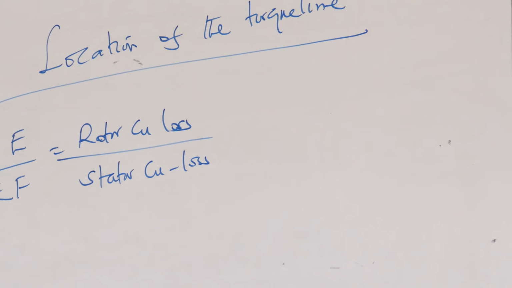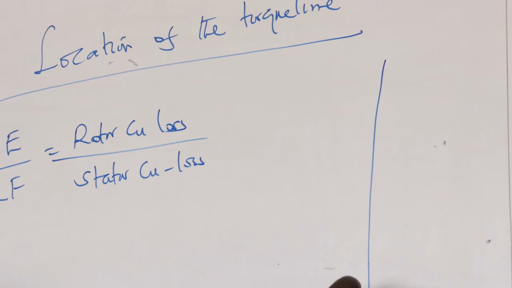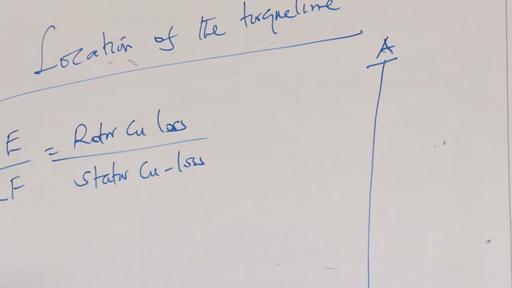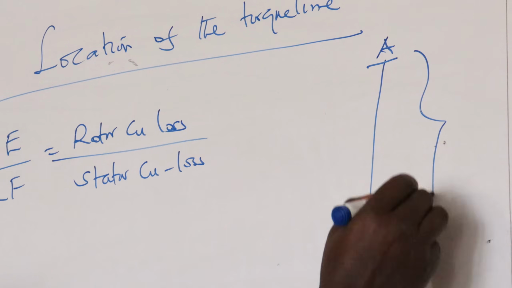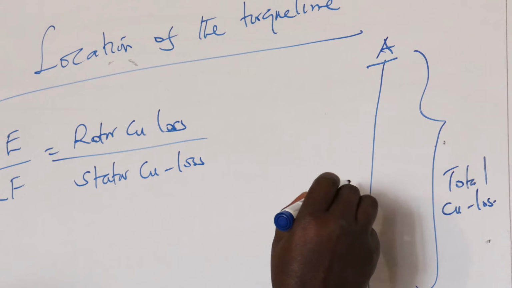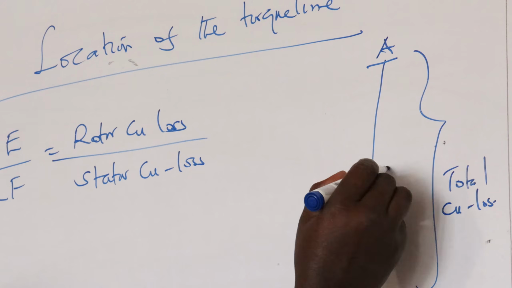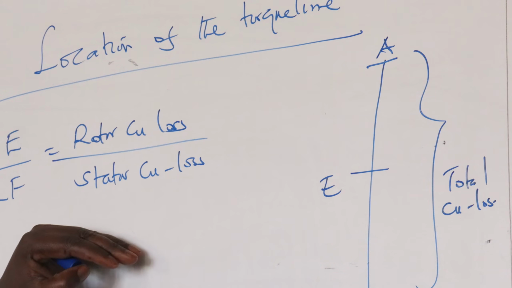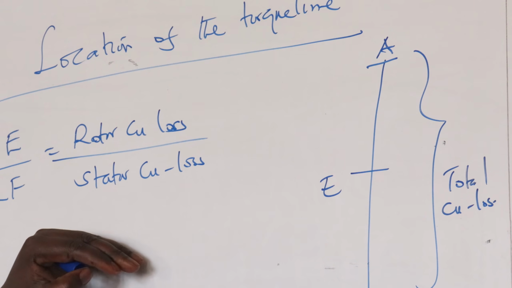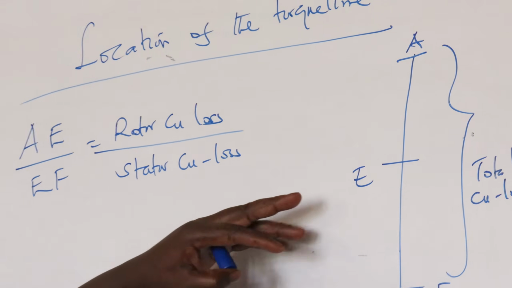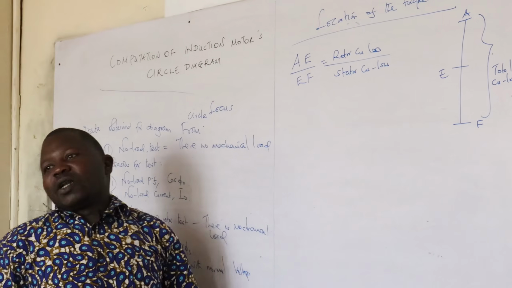If you look at this line, it seems to be one line where we are coming from A going to F. So A to F looks to be the total copper loss. So there's an E somewhere so that we have the rotor copper loss and the stator copper loss. It will be one line, but we are trying to locate point E on the same line. So that's where E will be, where our torque line is.